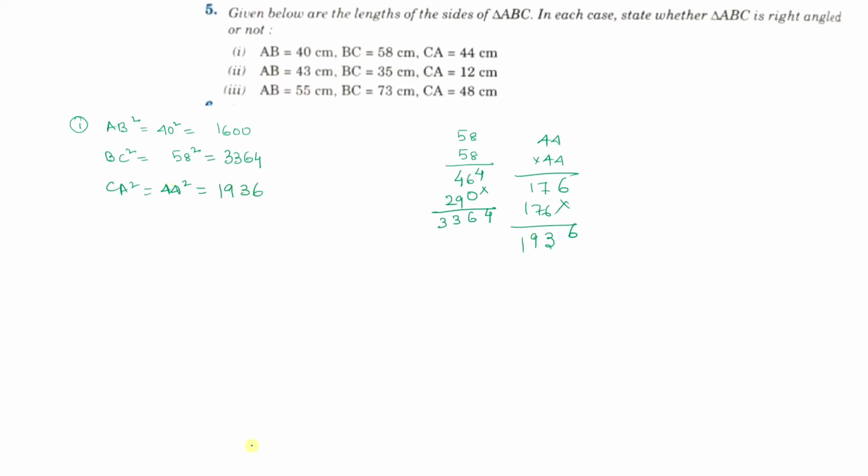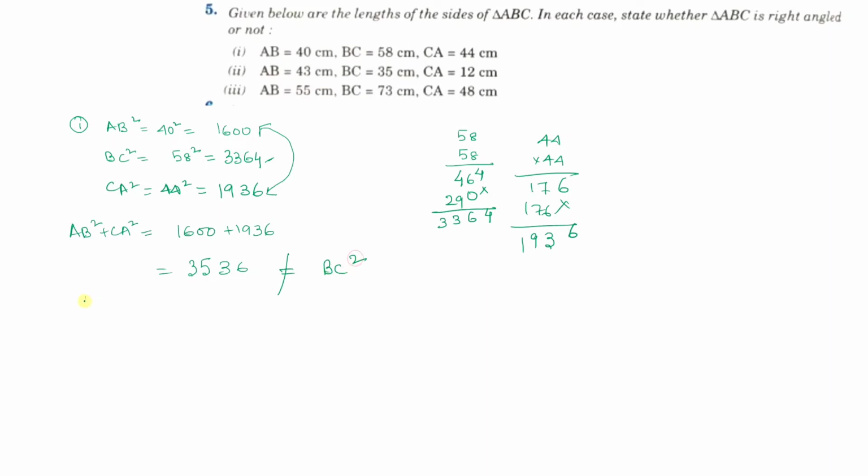Next, you have to find the sum of these two smaller sides. If this is equal to this, then the triangle is right angled, otherwise not. So write down here AB square plus CA square is equal to 1600 plus 1936 is equal to 3536. It's not matching, so not equal to BC square.